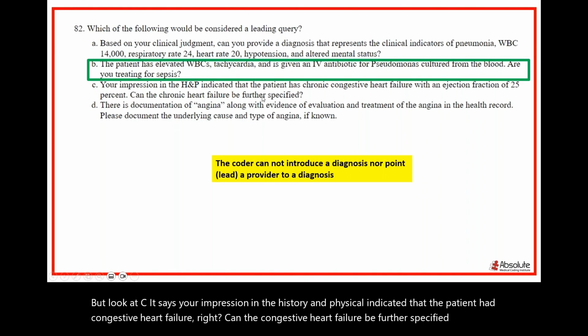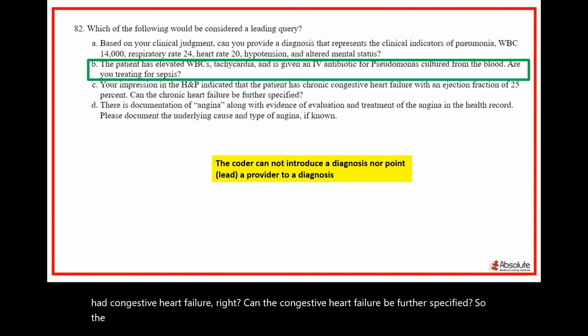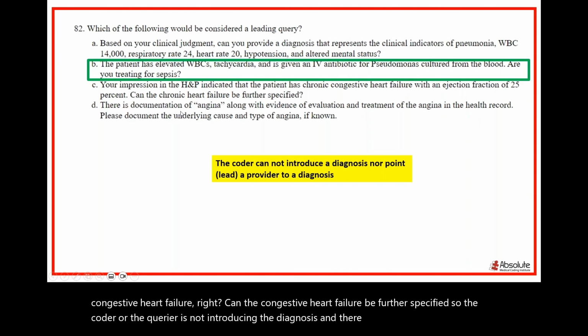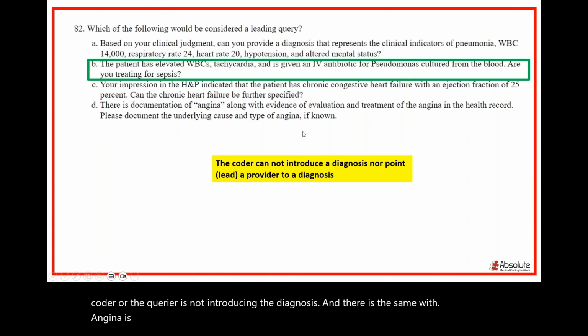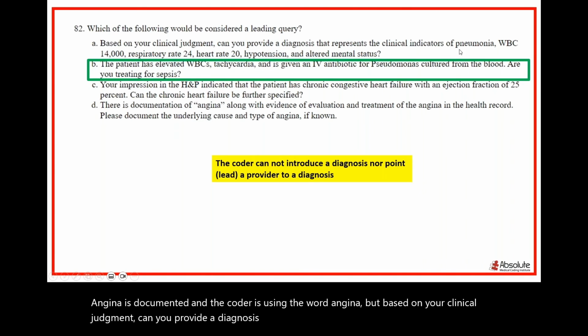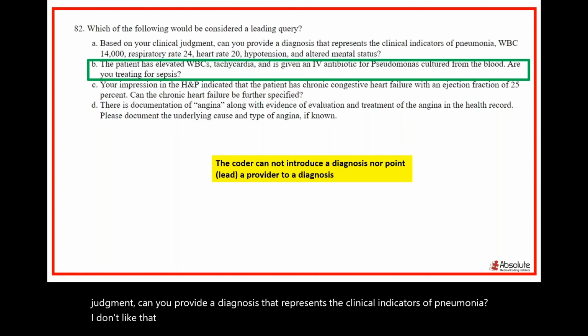So the coder or the querier is not introducing the diagnosis, and it is the same with D. Angina is documented and the coder is using the word angina. But based on your clinical judgment, can you provide a diagnosis that represents the clinical indicators of pneumonia? I don't like that either. But B is also leading, and it's more leading than A.